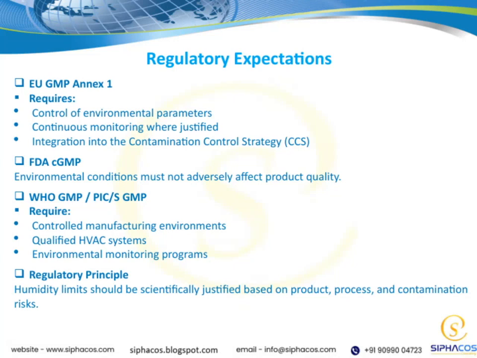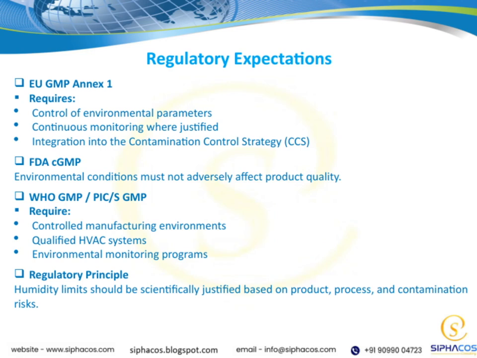When it comes to regulatory expectations, there are a few key points we need to keep in mind. The EU's GMP Annex 1 calls for strict control of environmental parameters, with continuous monitoring when it's justified, all tied into a broader contamination control strategy. The FDA's CGMP emphasizes that environmental conditions must never harm product quality.